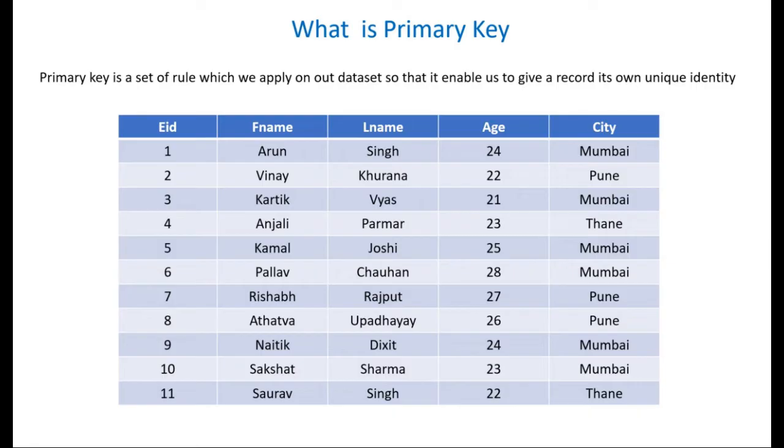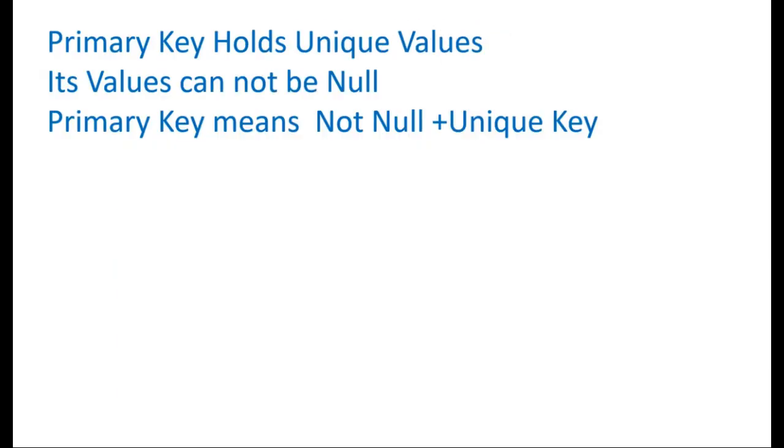One more characteristic of primary key is that it cannot be null, that is, a null value cannot be assigned to a primary key. So in short, primary key is a combination of unique and not null. When we define a primary key, the column should hold not null and unique values. So primary key identifies a record in a table.